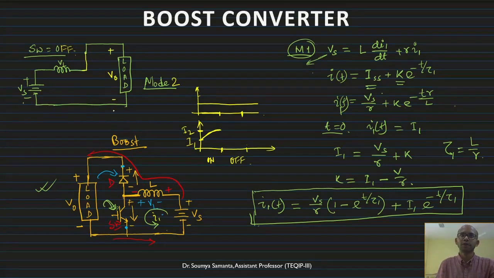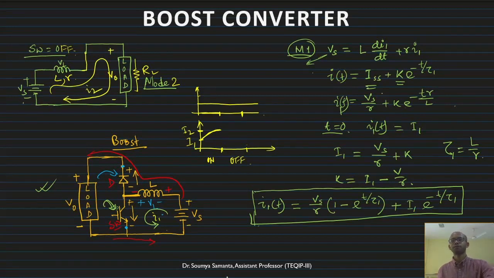Now let us consider that this is the resistive load, RL value. I am considering this is the resistive load with RL value, and this is the L and this is small r. Now what will happen? This will be the flow of current, that is I2.